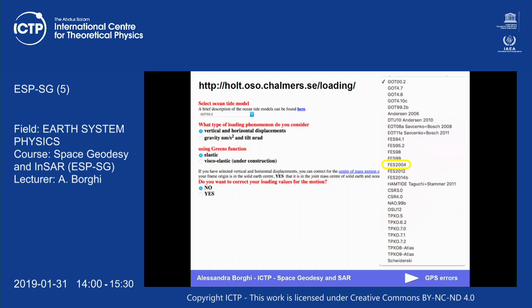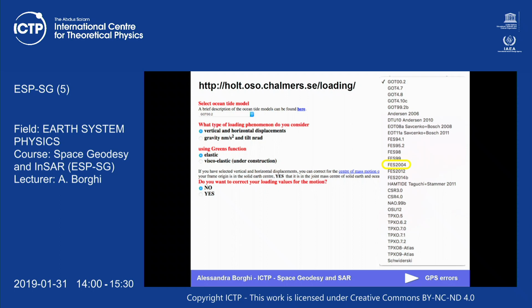And when you have GPS data software, this software has of course been tested by the developer, and so they try different models and give you some information. You have to select what type of loading phenomenon you consider, vertical or horizontal displacement, or the effect in terms of gravity.